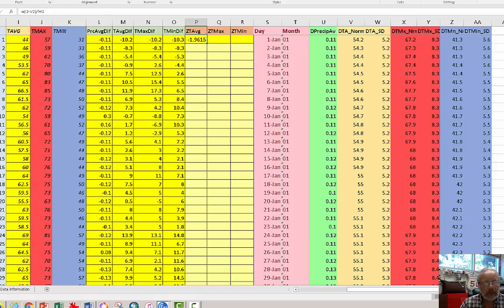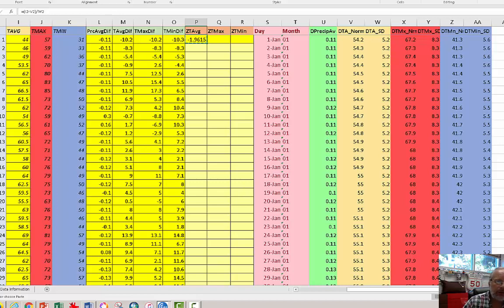And so this day really was unusually cold if we look at it in terms of the number of standard deviations. It is below average, and 1.96 is sort of that magical number that says this is statistically significant in terms of its difference from the average.